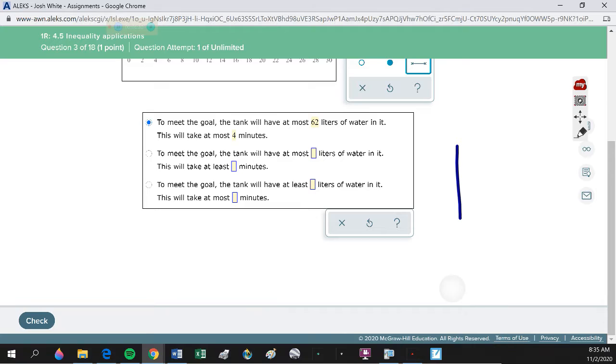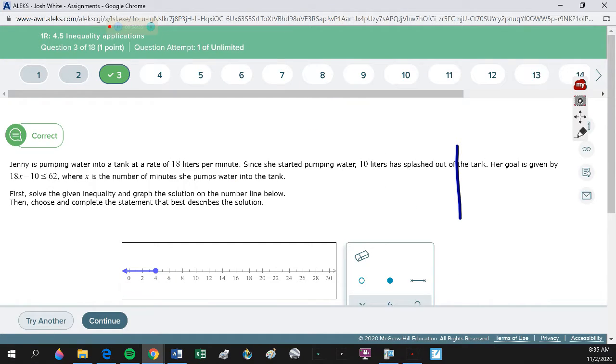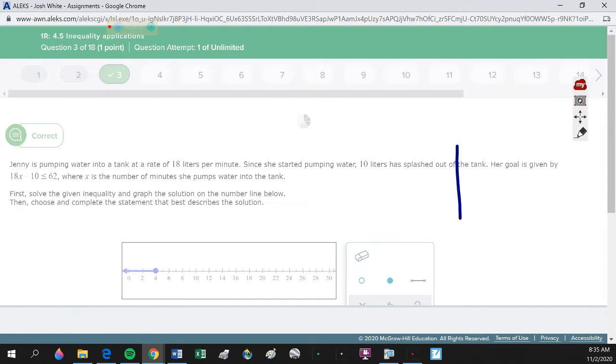Cross your fingers. Oh, Monty got it. Don't listen to me. Listen to Monty. The inequality was less than or equal to. You're right. Not true.